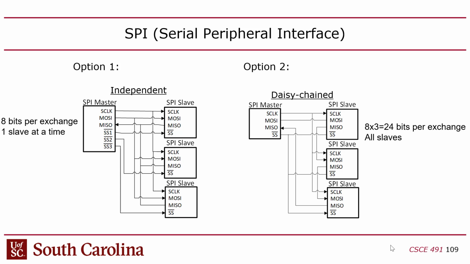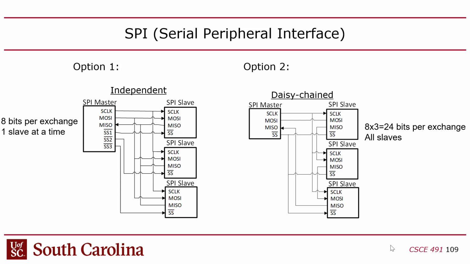One way you can do it is you can daisy chain, which is the one on the right. You have one slave select, which activates all of the slaves, and then you daisy chain the bits through all the slaves.